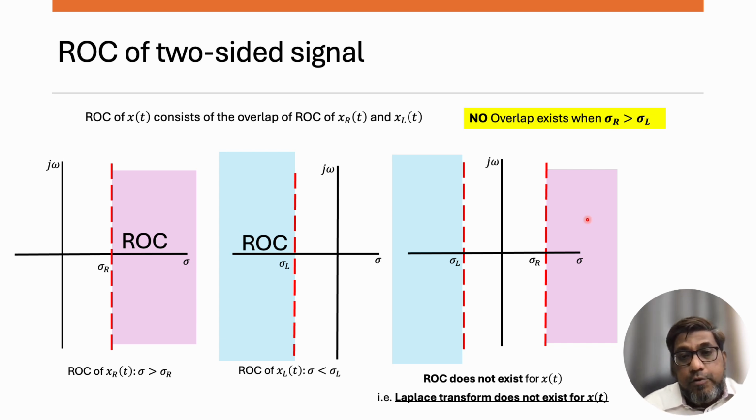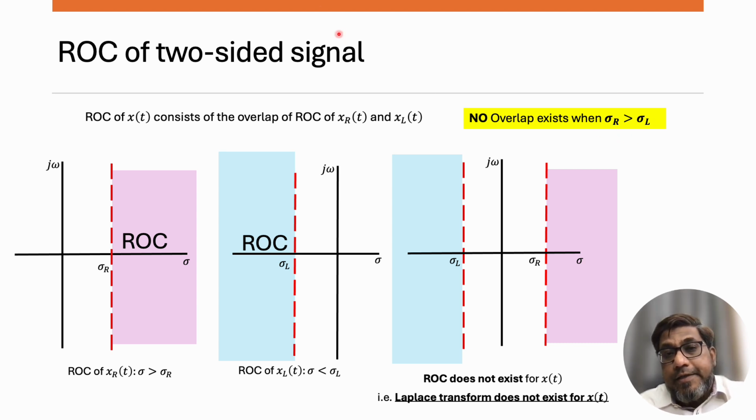So there is no overlap between them, and therefore there is no region in the S-plane where the Laplace integral of the two-sided signal converges. So we say that the Laplace transform does not exist for that particular signal, and this is true when sigma r is greater than sigma l.